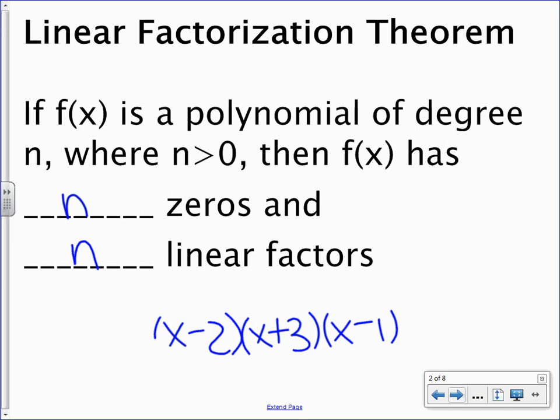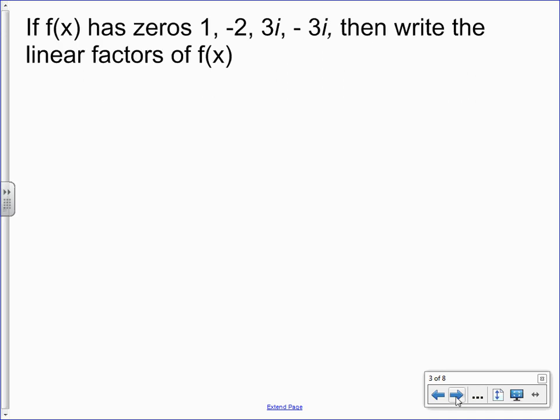Are you ready? All right, so let's say that these are your zeros. f of x has zeros of 1, -2, 3i, and -3i. Then I want us to write the linear factors of f of x. So if 1 is our zero, our linear factor is?